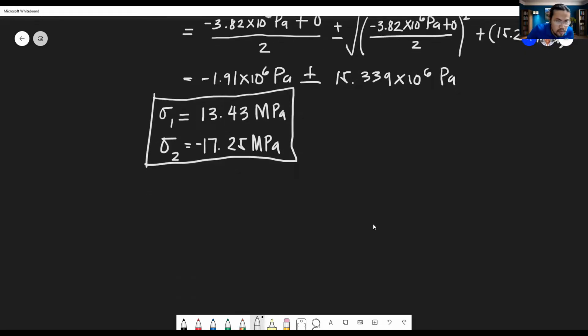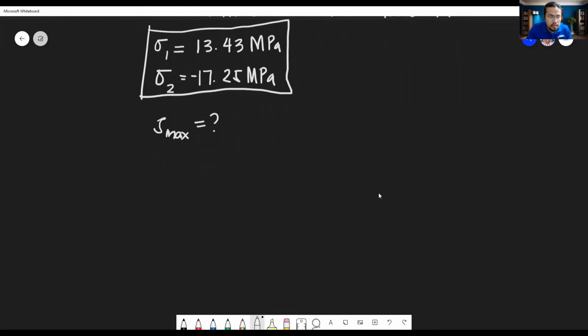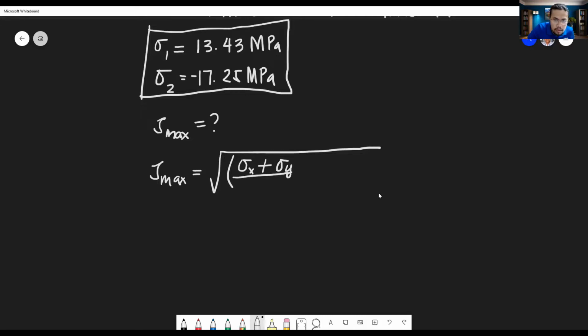Now for the maximum in-plane shear stress, the shear max is going to be based on the formula: square root of sigma x plus sigma y over 2 squared plus the computed shear squared.